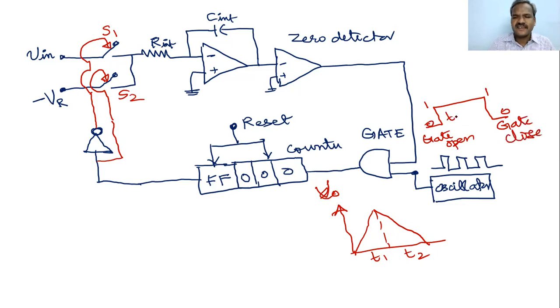So this duration is nothing but T1 plus T2. Right? So this is the block diagram of the dual slope ADC. Let's see the operation.